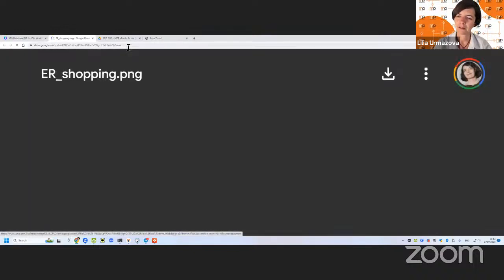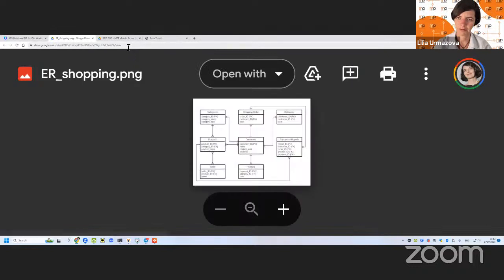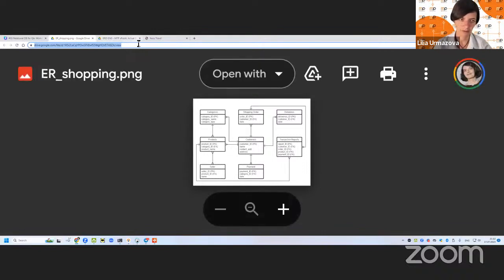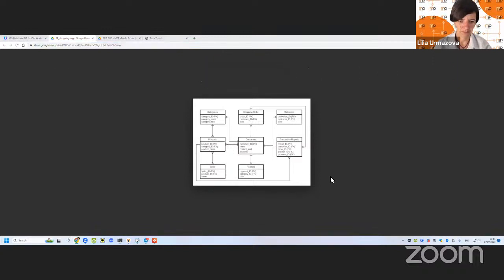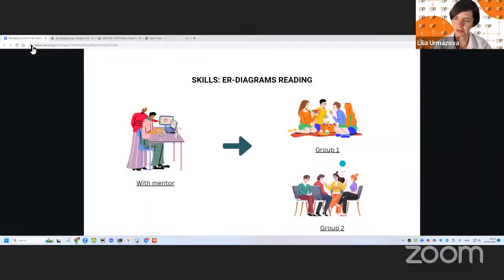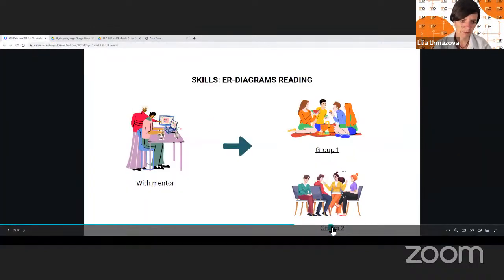I will just send you the link. Of course, you will work in groups. And it will be better to have the diagram opened on your local machine. This is the first link to the picture, and this is for group 2.